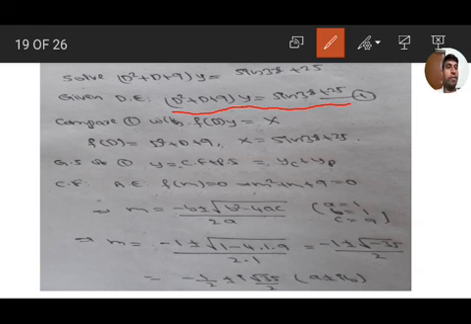Compare the given equation with f of d of y equal to capital X. We get f of d equal to d square plus d plus 9, and capital X equal to sin 3x plus 25.